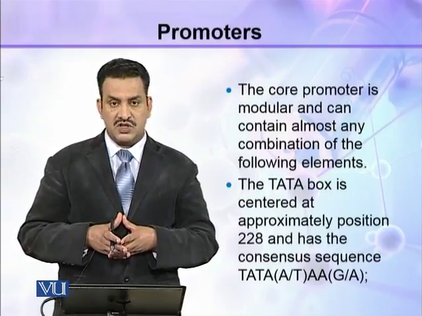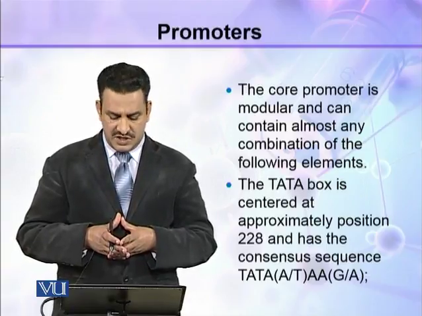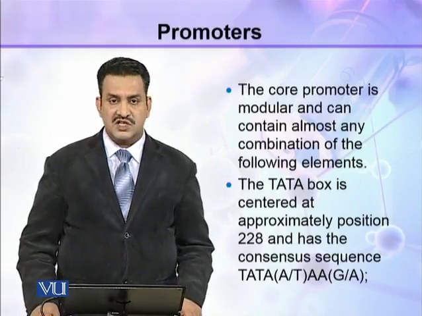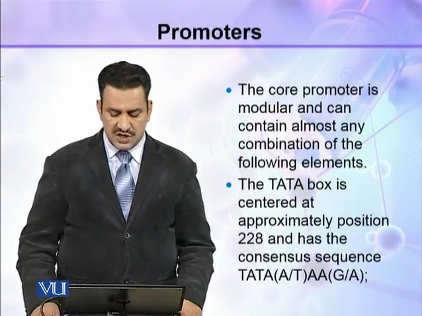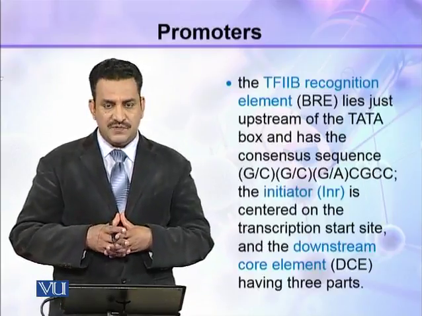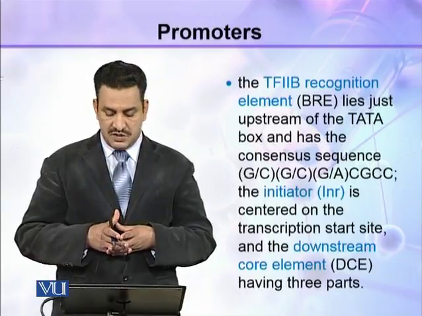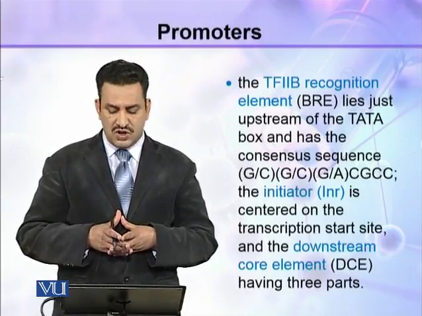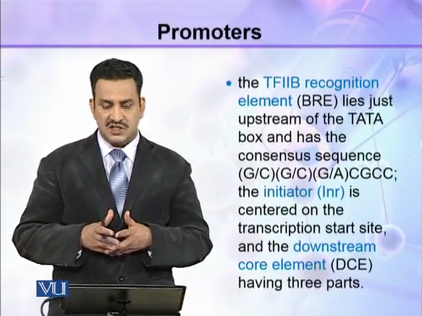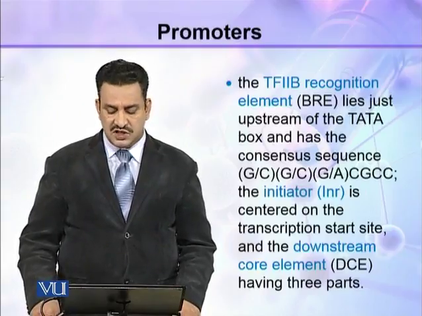The core promoter is modular and can contain almost any combination of the following elements. That is, the TATA box is centered at approximately position -28 and has the consensus sequence TATAAAA. The TFIIB recognition element, which is called BRE, lies just upstream of the TATA box and has the consensus sequence GCGCCC.